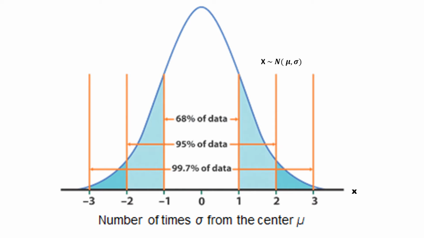So if we have a normal curve described by X as N(mu, sigma), then the center will be mu, mu plus 1 sigma, mu plus 2 sigma, etc. So you can easily find how these values are distributed using the 68, 95, 99.7 rule.